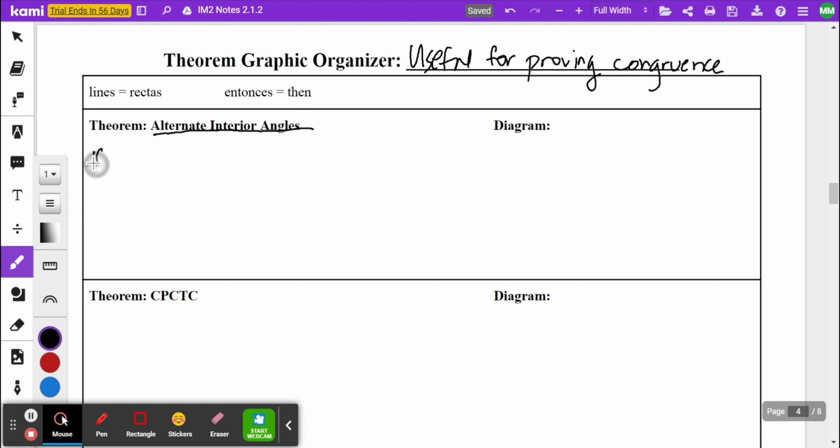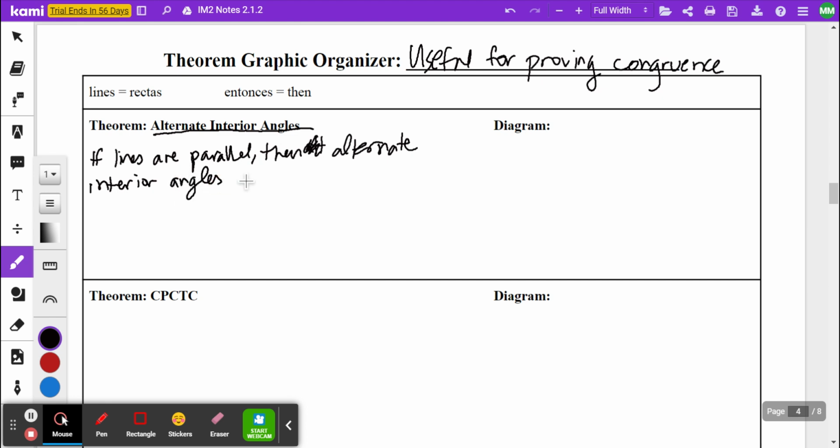This theorem says if lines are parallel, then alternate interior angles created by a transversal are congruent.